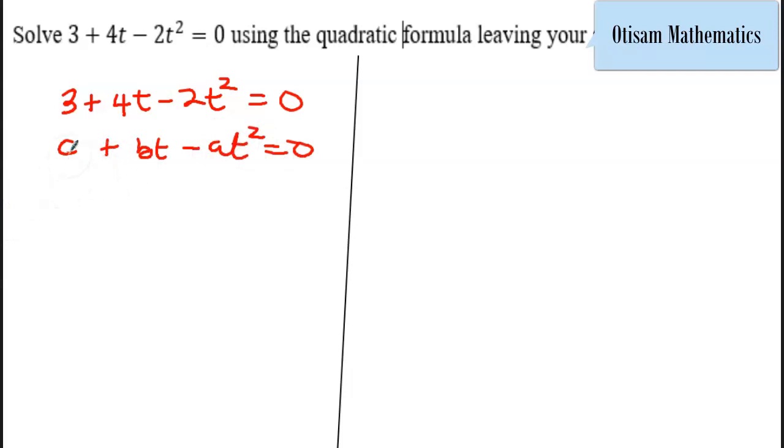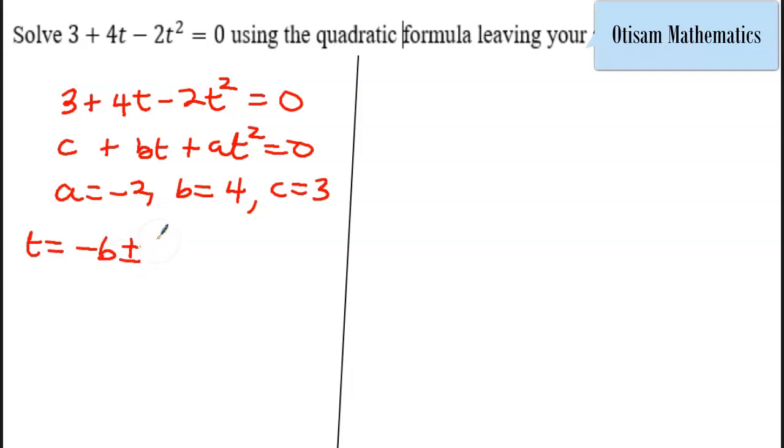So when you compare the coefficients, you have a to be minus 2, b to be 4, and c to be 3. From the quadratic formula, we go to minus b plus or minus the square root of b squared minus 4ac all over 2a.